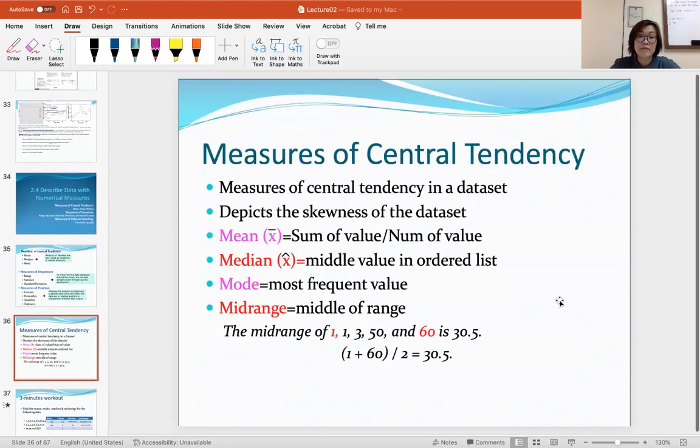So by looking at measures of central tendency, like I mentioned to you, mean is the sum of values over the number of values. In other words, it's the average. Median is the middle value in an ordered list.